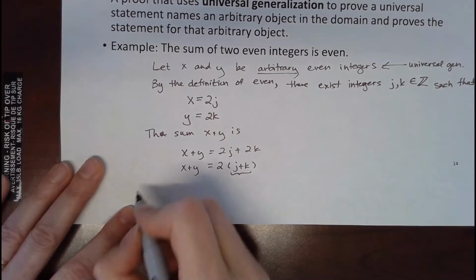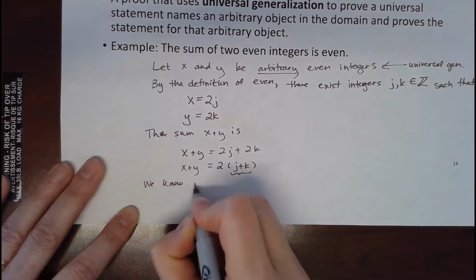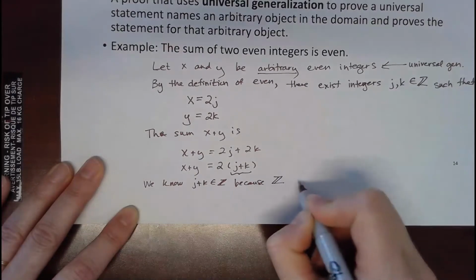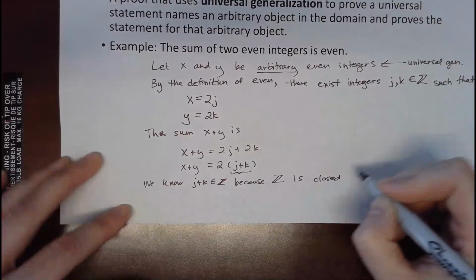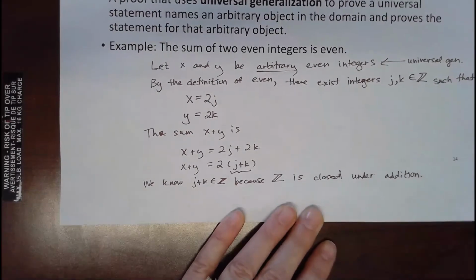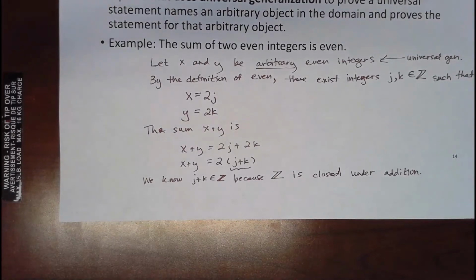Well, we know j plus k is an integer because the set of integers is closed under addition. Remember we talked about closure properties last time, and the integers are closed under addition, subtraction, and multiplication. That means if you take any integers and perform those operations, you'll get an integer back. Not division, but multiplication, subtraction, or addition.